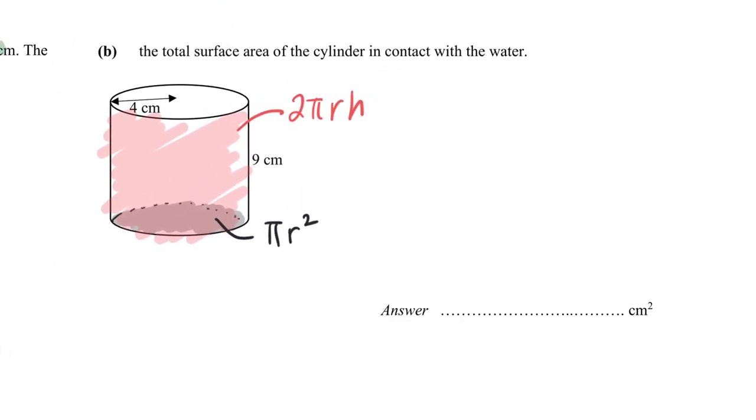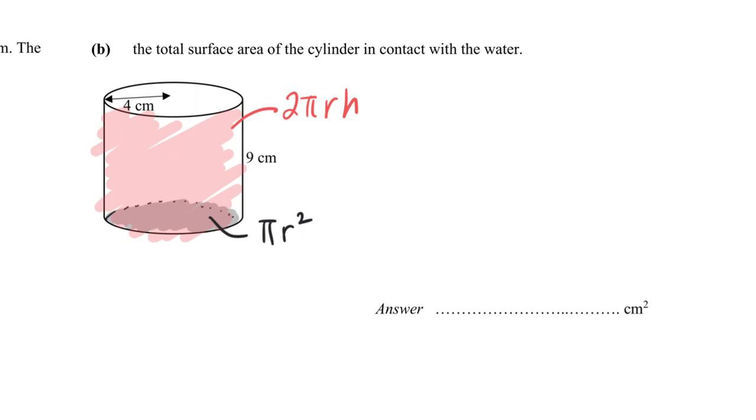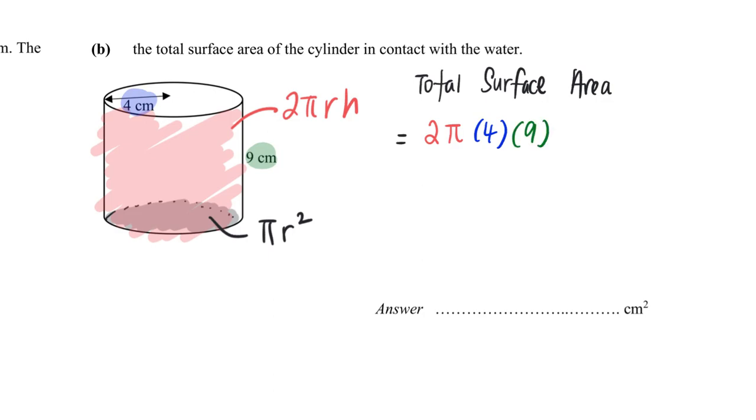So in this case here, the total surface area is simply 2 pi rh plus my pi r square, and my r is 4. Again, we are supposed to leave our answer in terms of pi.